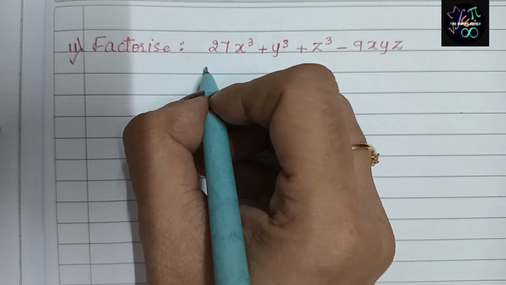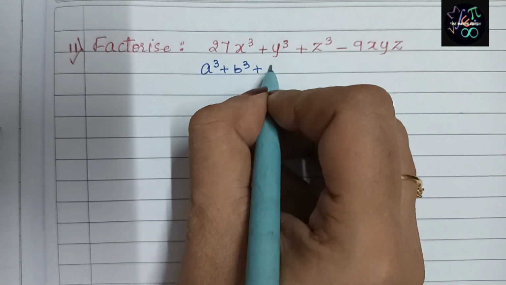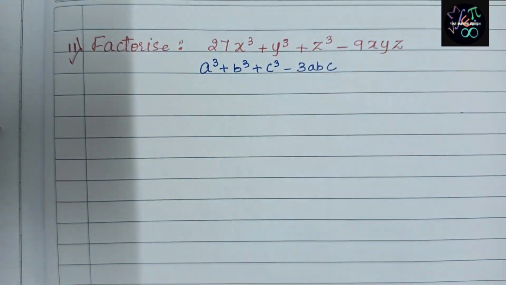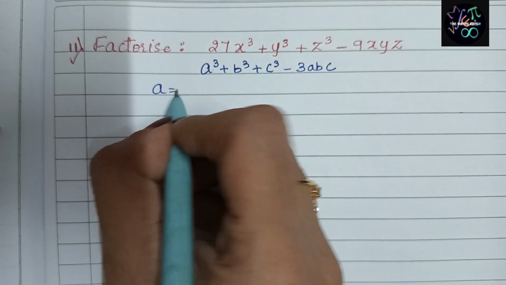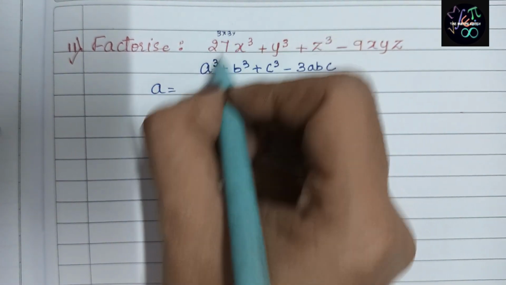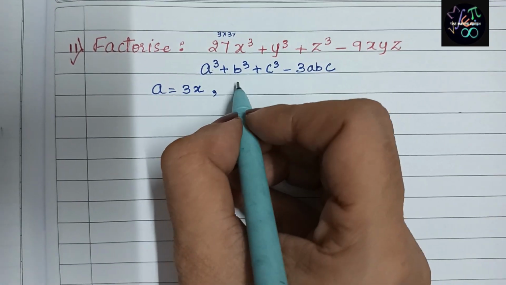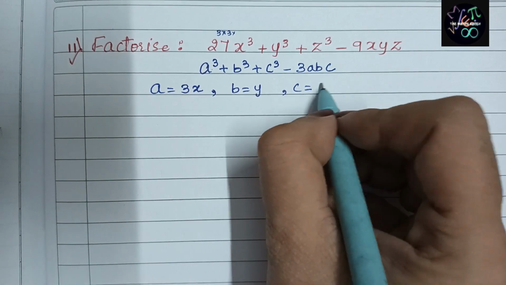We can write a cube plus b cube plus c cube minus 3abc. So here what they have taken as a is, 27 is the cube of 3, 3 into 3 into 3, so 3x. Okay, b value is taken as y and c value is taken as z.